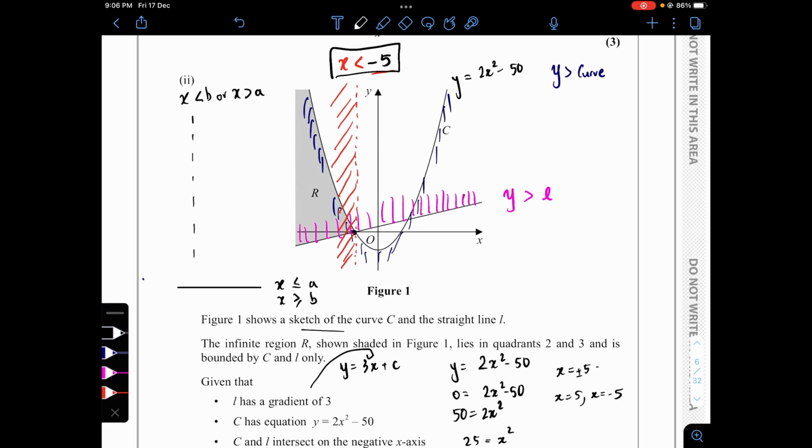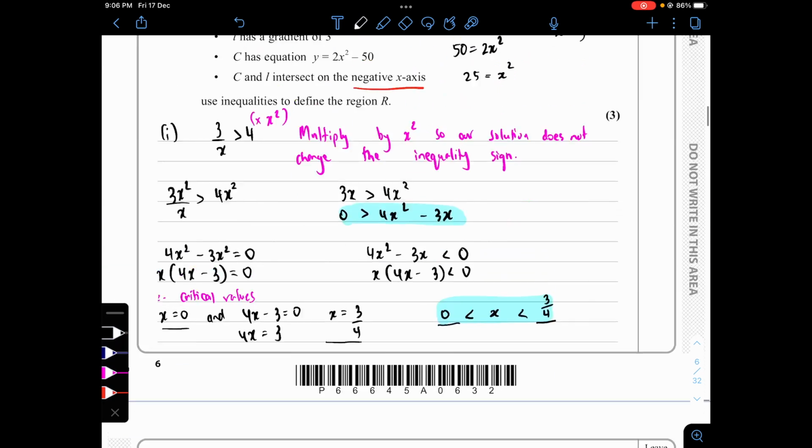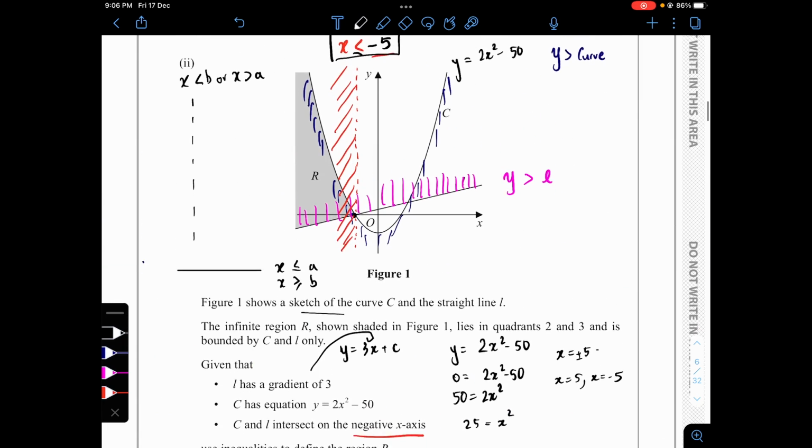So this will be a solid line, because you can see over here these are solid lines. So we're going with less than or equal to. One of the first lines we have is x is less than or equal to negative 5. That's our first inequality.